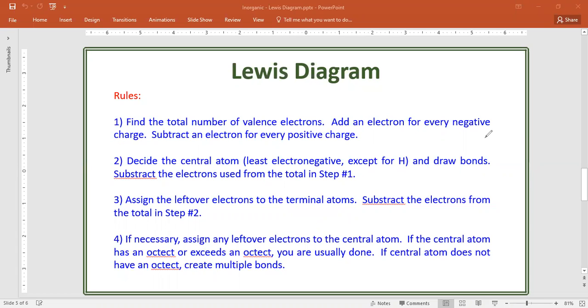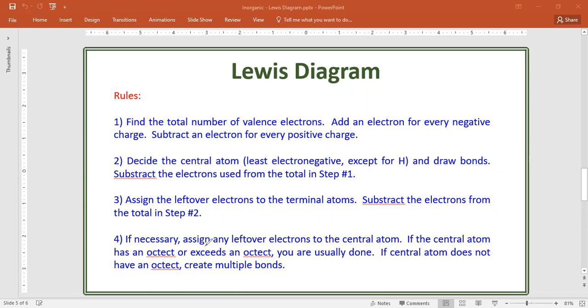Fluorine, one of its electrons has already participated in the covalent bond with the silicon. So fluorine finally contains 6 valence electrons. So 6 valence electrons need to be assigned to each fluorine.